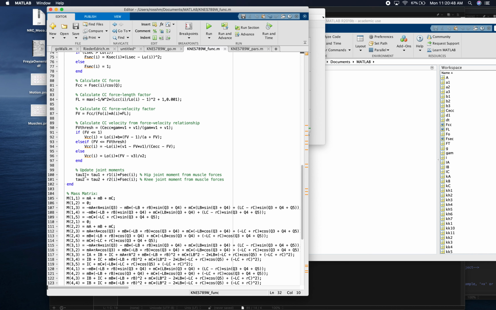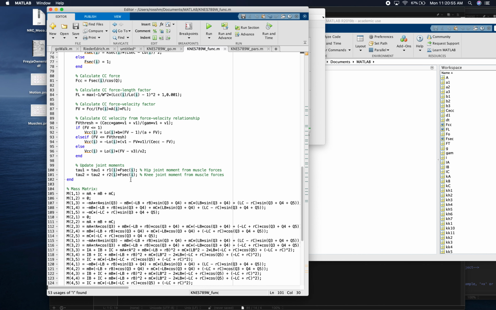And then out of that, we get the resultant moment at the joint. Now here, inside this muscle model loop, we are just computing the contribution to that moment from active muscle forces. So let's update our label here. We're updating joint moments specifically for contribution from active muscle forces.